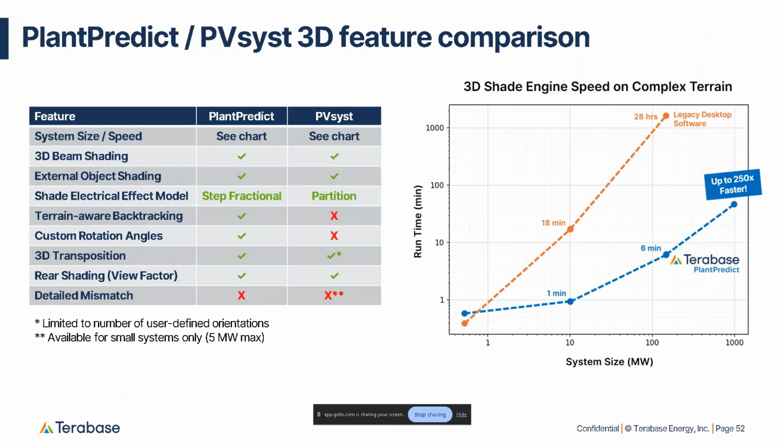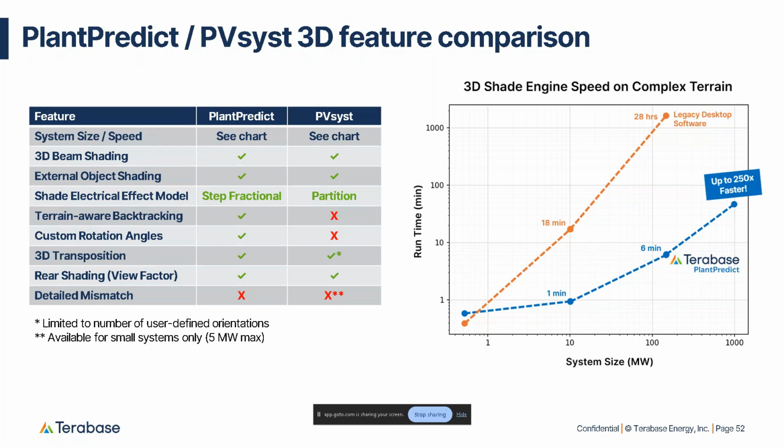And now we can go with a quick PlantPredict versus PVC 3D feature comparison. So our biggest argument, we think, is system size and speed. These benchmarks were run on my laptop.